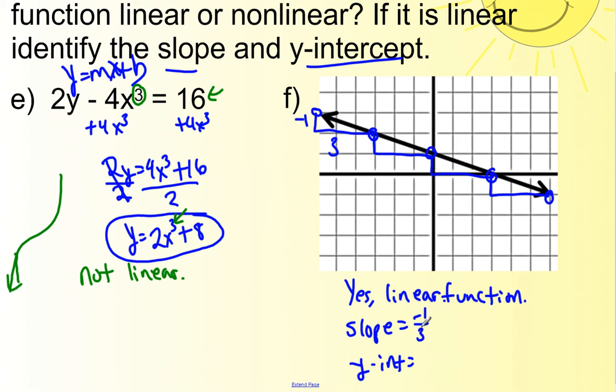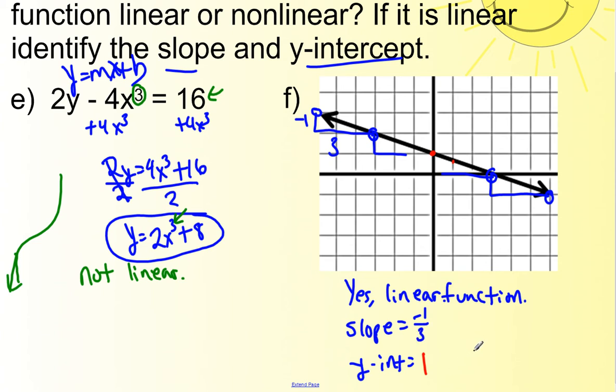That's your slope. The y-intercept is where the line is crossing the y-axis. Right there, our line crosses the y-axis, and that's where the y value is 1. So this function has a slope of negative 1/3 and a y-intercept of 1.